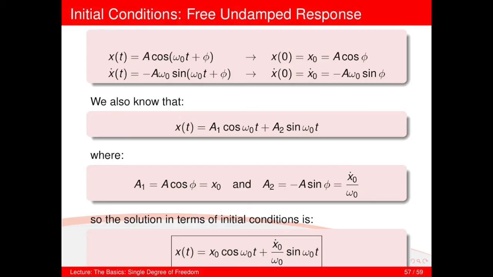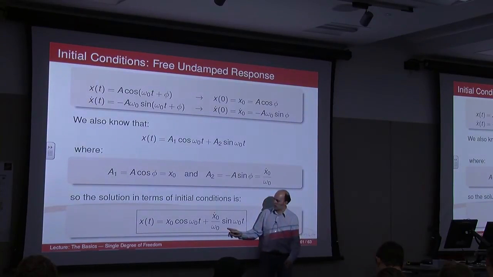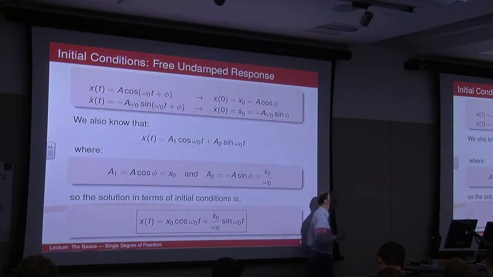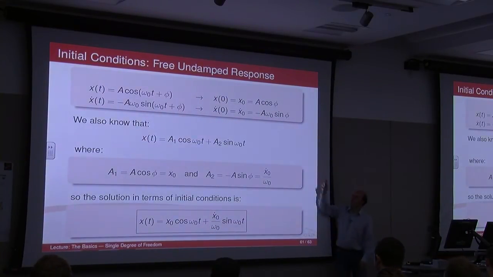And so there's the solution in terms of initial conditions. So like I said, if you know your system is undamped and free oscillating and you've been given x naught and x dot naught, you can go straight to the solution, which is on your equation sheet, and you have your solution. You don't need to worry about having to make the derivative.